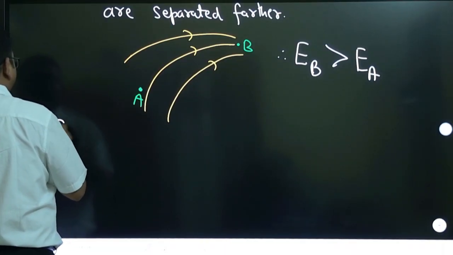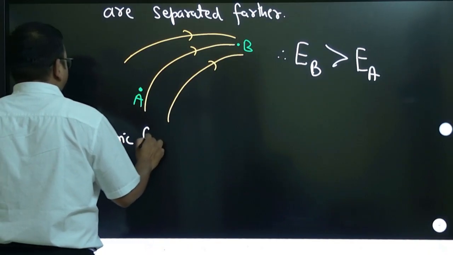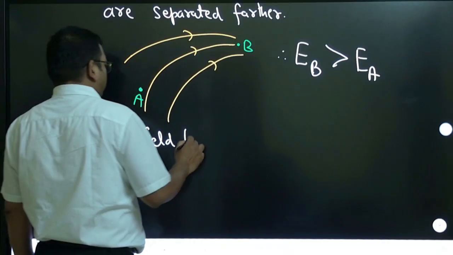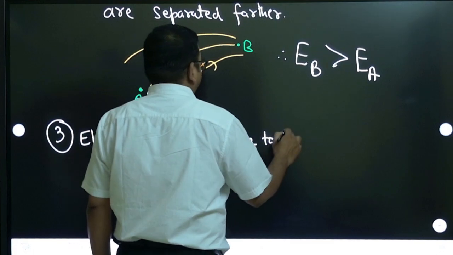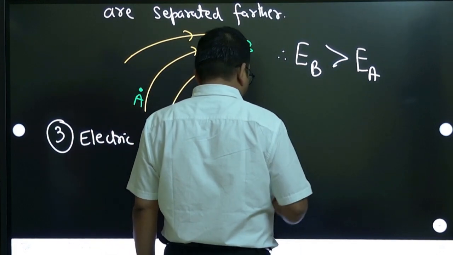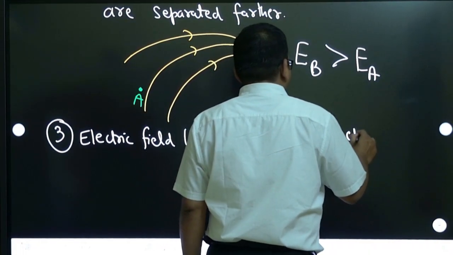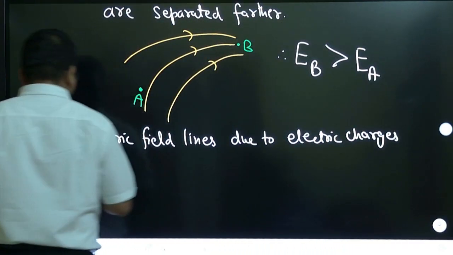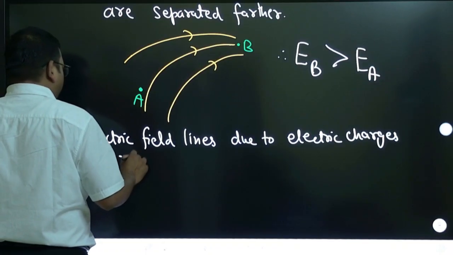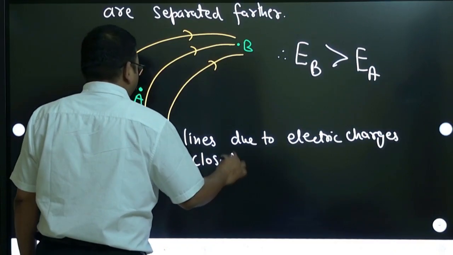Point number 3. Electric field lines due to electric charges do not form closed loops.